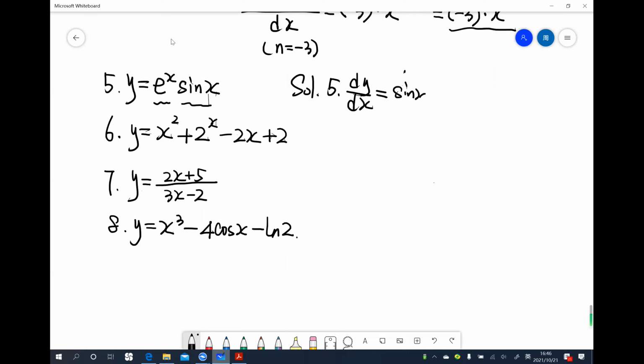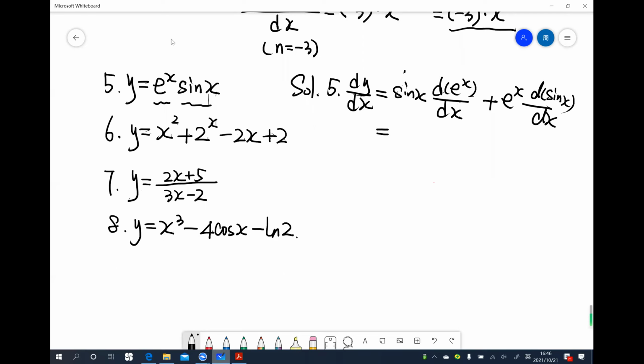sin x times d(e^x) by dx. Then plus here, e^x times d(sin x) by dx, right?